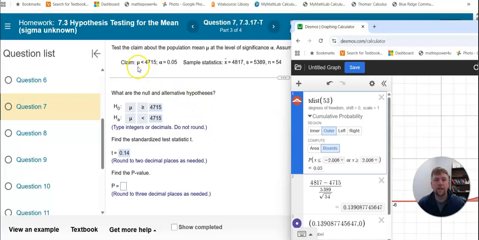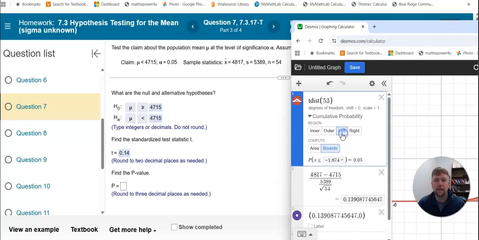This is a less than, so I'm going to do a left, and a p-value is a probability, and probabilities are area, so I need area to find the p-value. So the p-value is the area, in this case, to the left of this number, so 0.139.